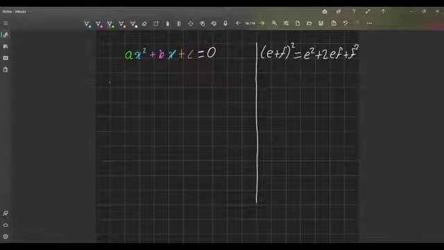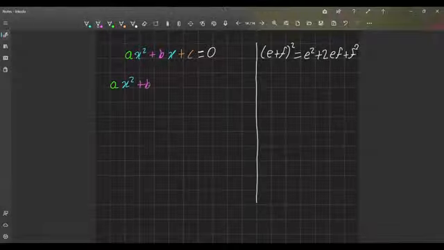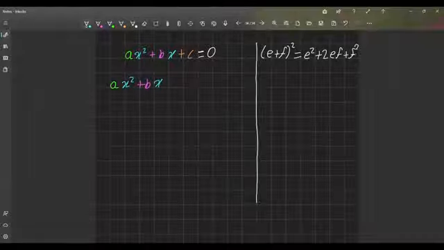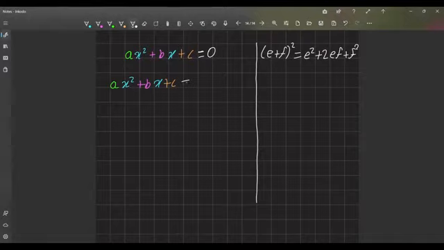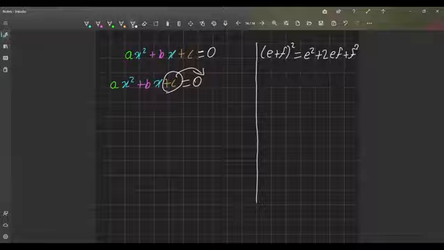So it would be ax² + bx + c = 0. I would like to take c to the other side. The reason will be explained in the next steps. To take it to the other side, I would have to subtract c on both sides.